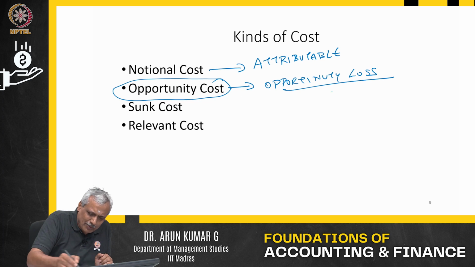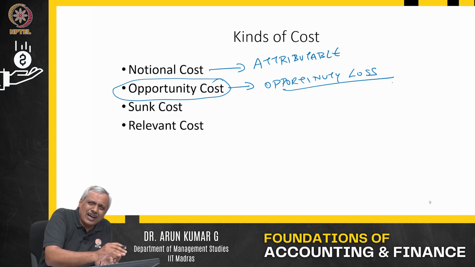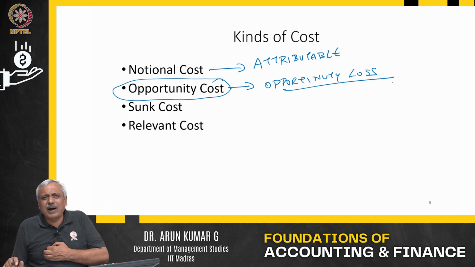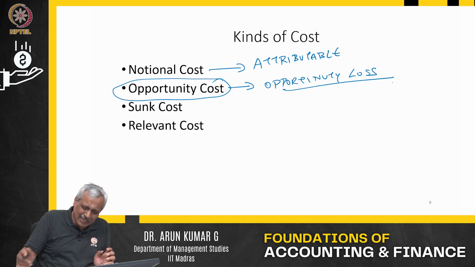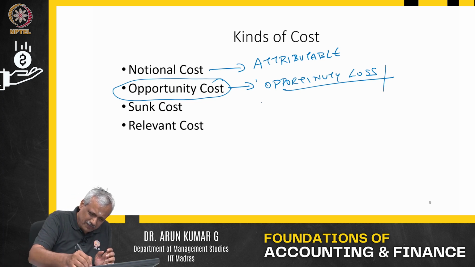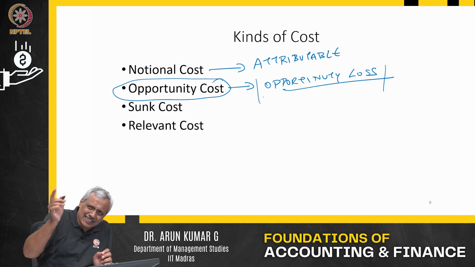If there is a clear opportunity loss, that is, I have foregone the rent I would have earned by deciding to manufacture the toy in that space, then I will consider the opportunity cost.